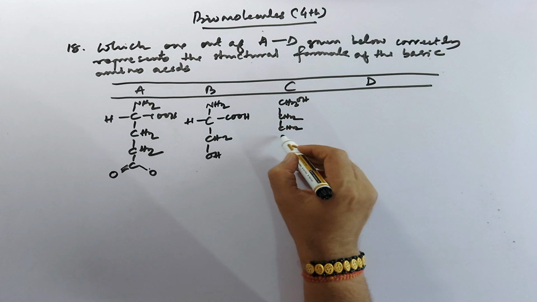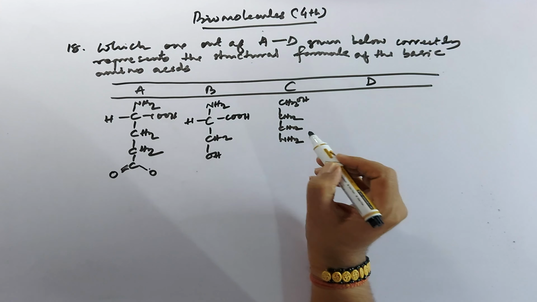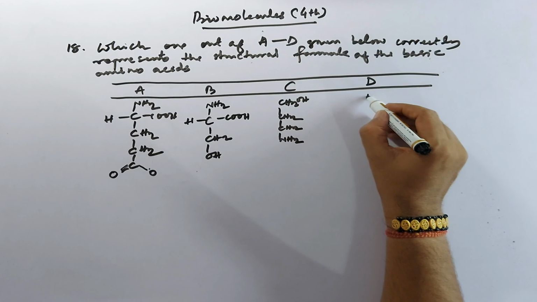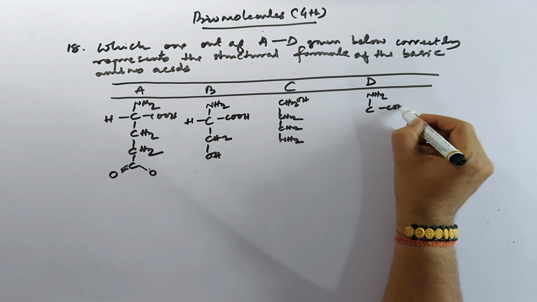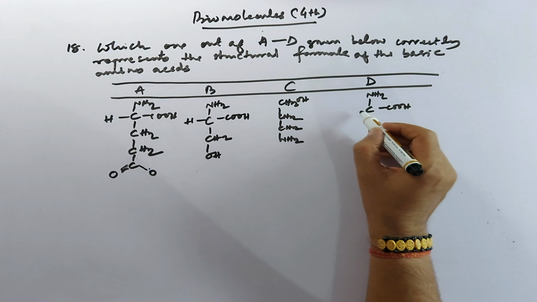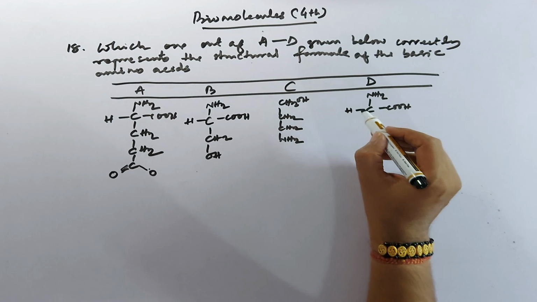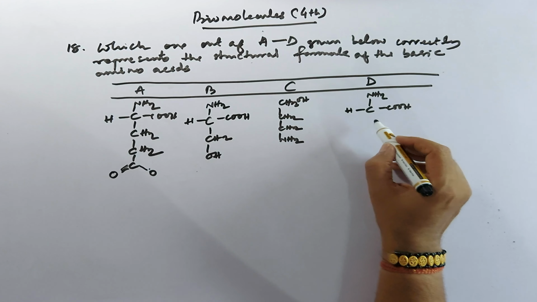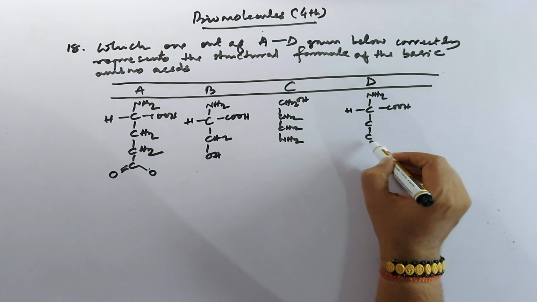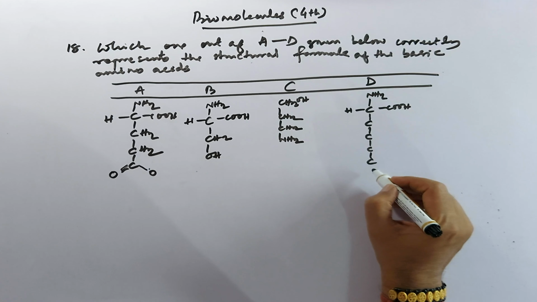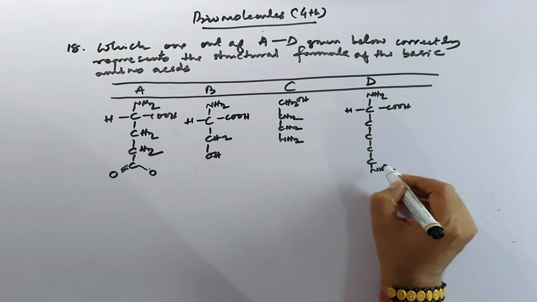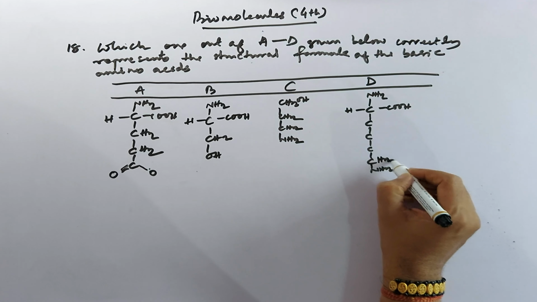Then CH2 and NH2, and here NH2, COOH, and here H. This is NH2, this is CH2.